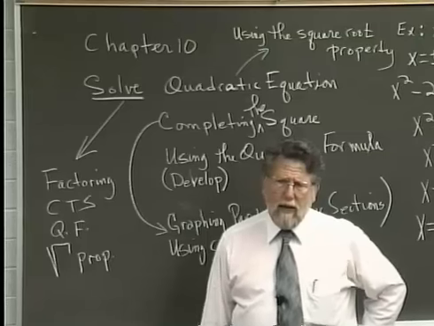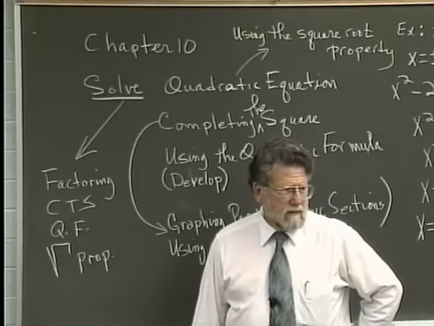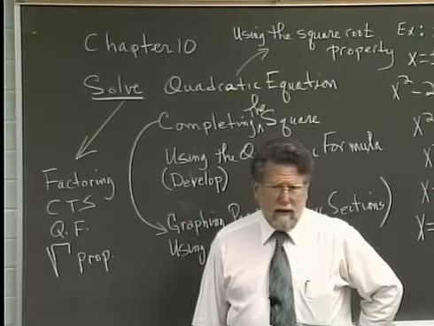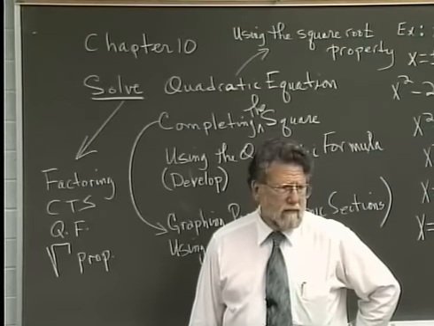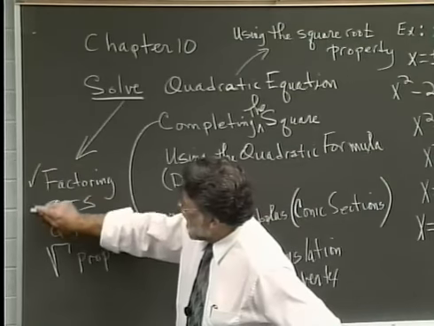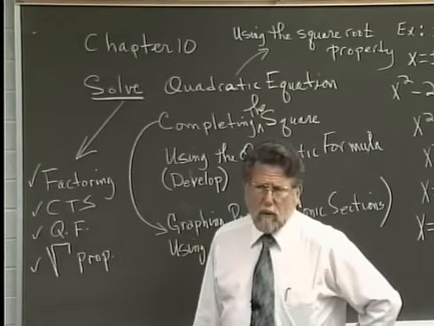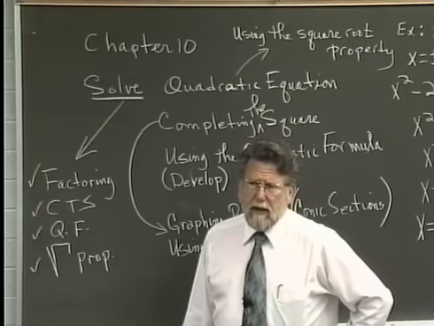Now if I look at those four ways, I could give you four problems, saying I want you to illustrate each technique. So we could think of each of these, put a check mark next to them, giving you four problems total.